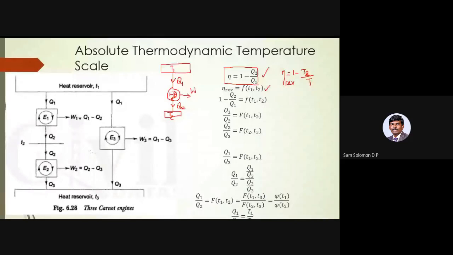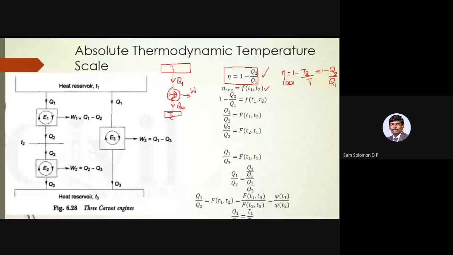And for a reversible engine, it is also valid that I can write this as 1 minus Q2 by Q1 also. So for a reversible engine, 1 minus Q2 by Q1 will be equal to 1 minus T2 by T1. If it is an irreversible engine, 1 minus Q2 by Q1 will be lesser than 1 minus T2 by T1.